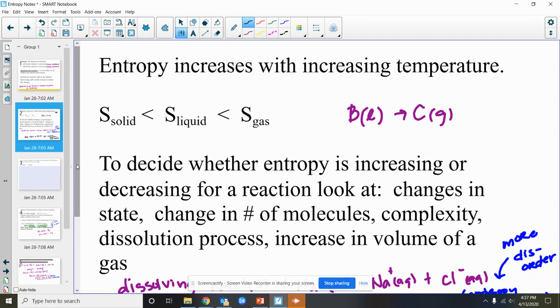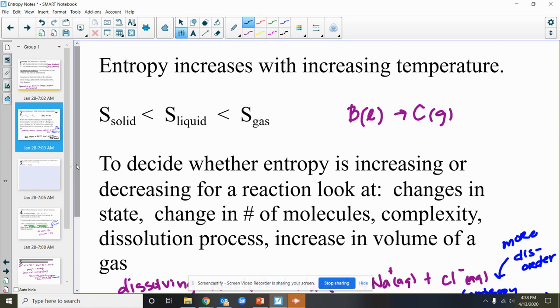So depending on the phase and state of matter you're in, it's really going to dictate the entropy for that molecule. In a second, we're going to look at all of the ways you can decide whether entropy is increasing or decreasing. The state of matter is one of the first you want to look at, simply because as you go from solid to liquid to gas, you're increasing the disorder, so you're increasing the entropy.